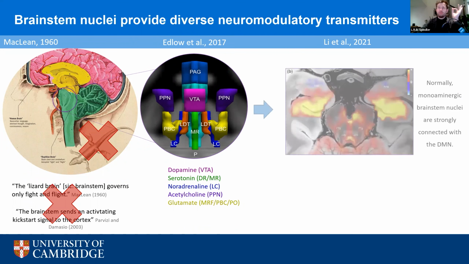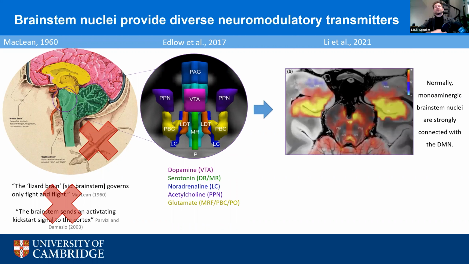And very intriguingly, recently, people have figured out that actually the monoaminergic brainstem nuclei in particular, specifically the dopaminergic source nucleus in the ventral tegmental area, are actually the brain areas that are the most strongly connected to the default mode network and frontoparietal network.